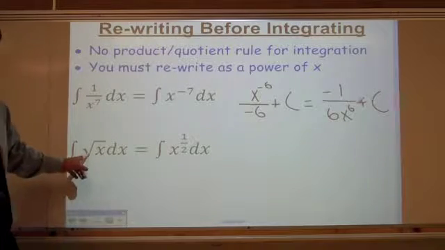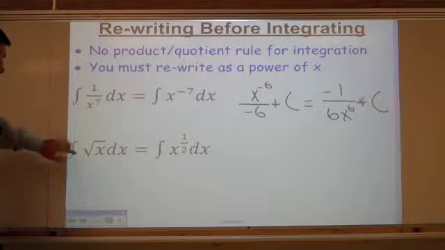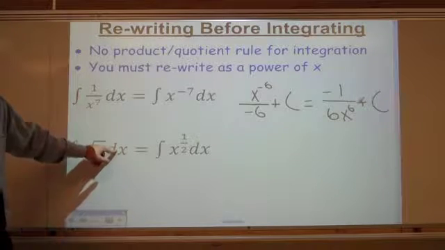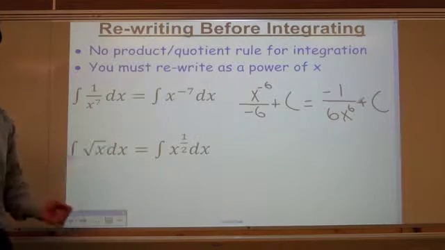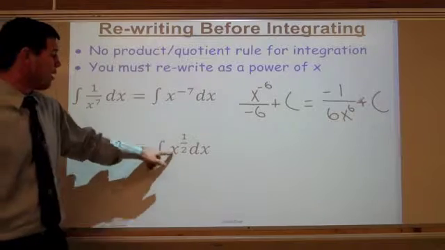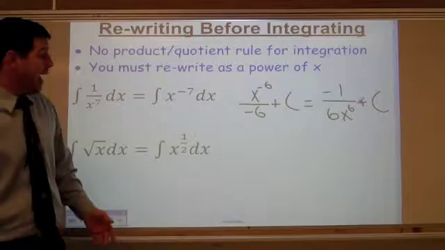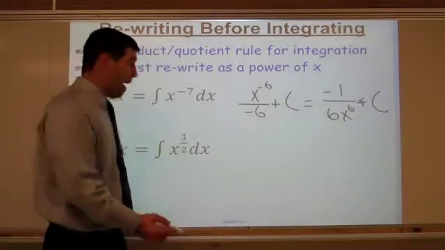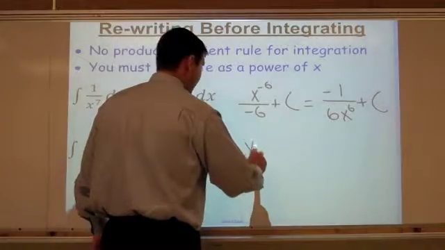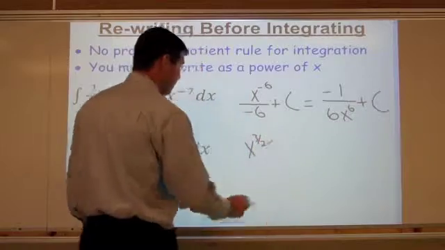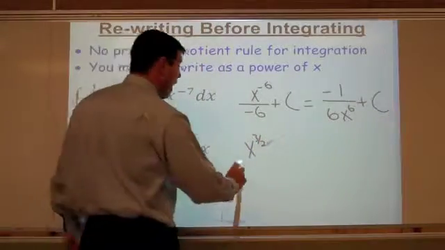Same thing with a radical here. Want to rewrite the integral of square root of x with respect to x as x to a power in your integrand. So the integral of x to the 1/2 dx. So again, when we integrate this, add a power, so it becomes x to the 3/2. Divide by your new power.